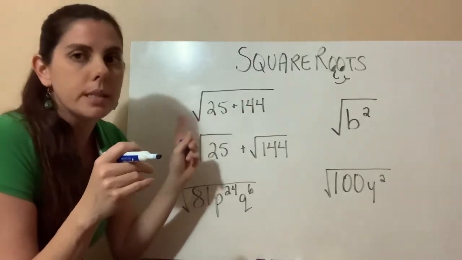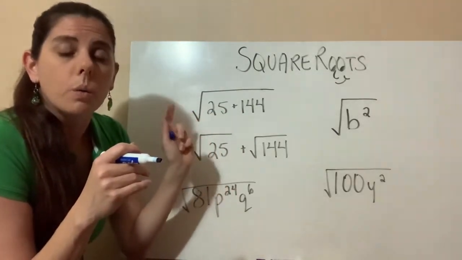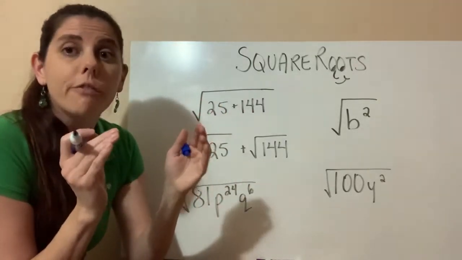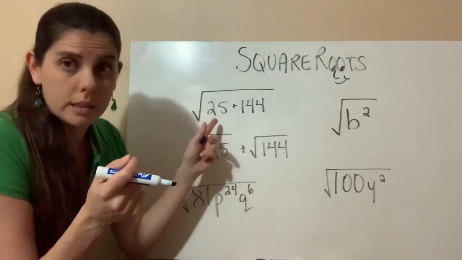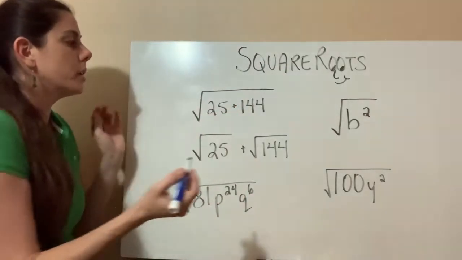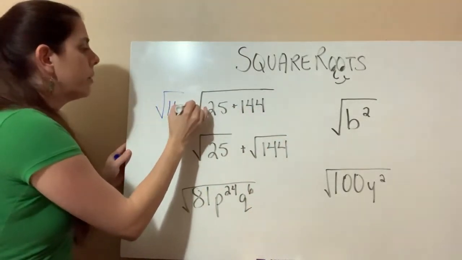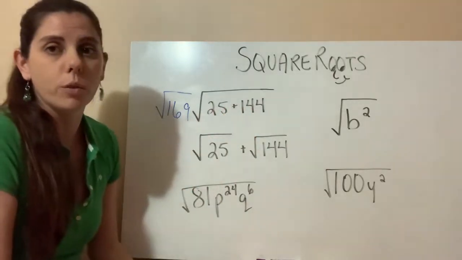The same thing can be said of the radical signs, or our root symbols. So we want to make sure that we simplify what's in it if possible. That's not always going to be possible, but in this case it is. So 25 plus 144 is 169, and we have the square root of 169.